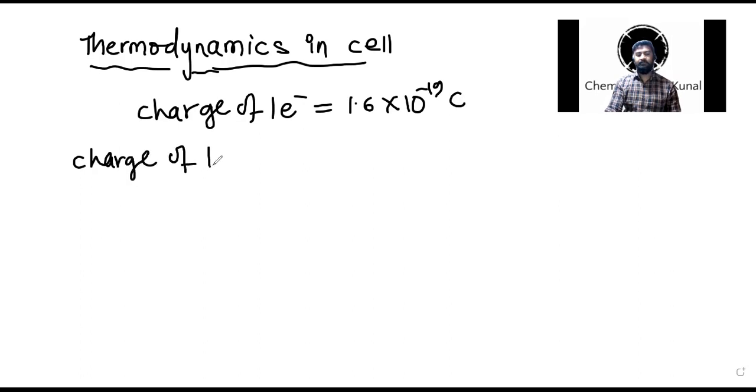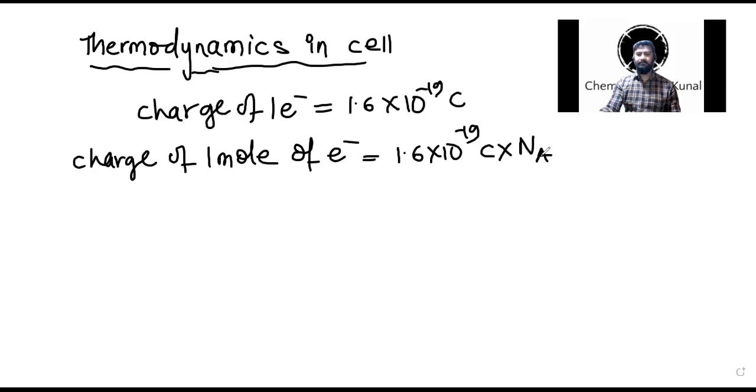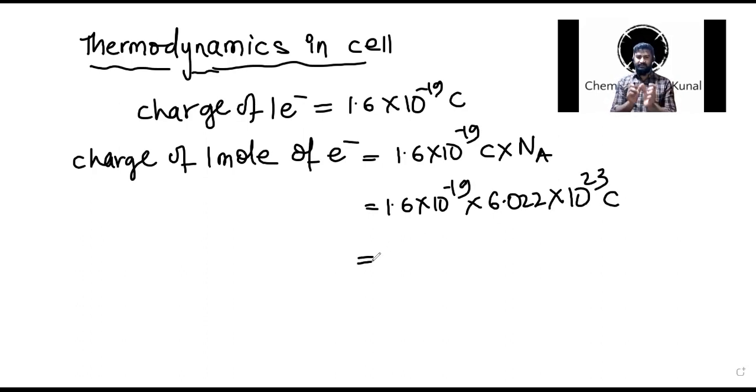Charge of 1 mole of electron will be 1.6 into 10 to the minus 19 coulomb times Avogadro number, Na. What's Na? Na is 6.022 into 10 to the power 23. So if you multiply both the values, 1.6 and 6.022 and all these powers, you should get 96500 coulomb.